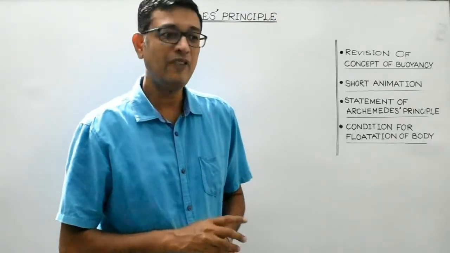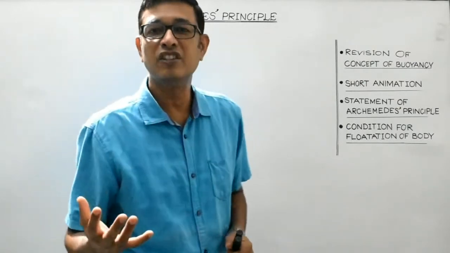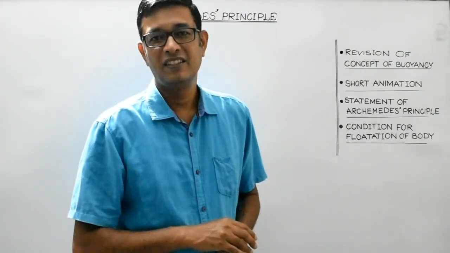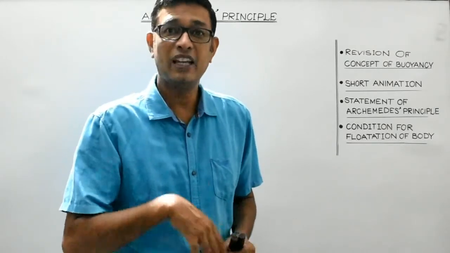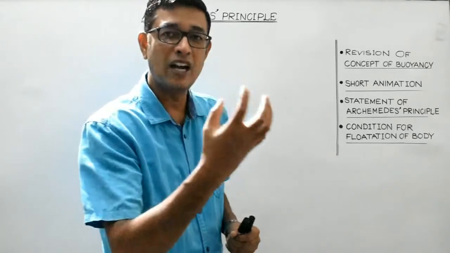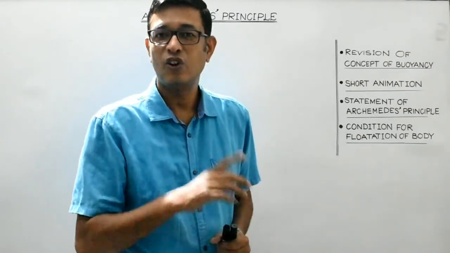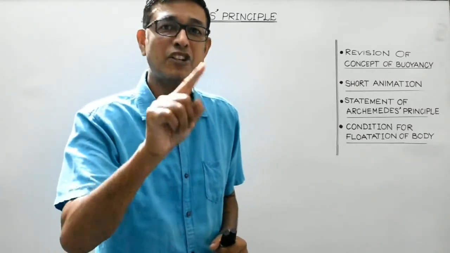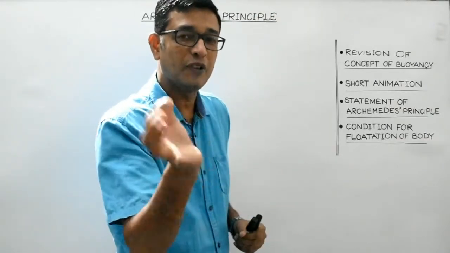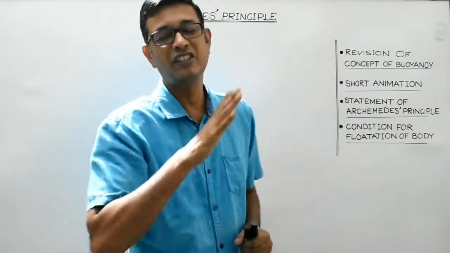Right? And we have also in the previous lecture discussed the cause of buoyancy. The reason for the existence of buoyant force is the pressure difference between the top and the lower face of a body which is submerged inside a liquid.